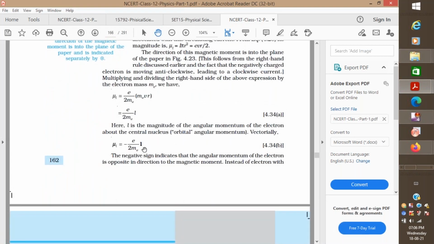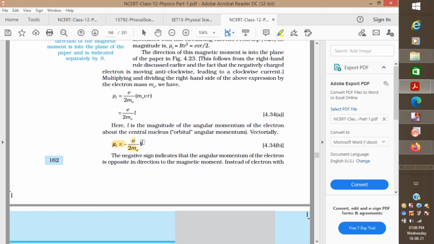Here I have missed the minus sign. This minus sign has a certain significance. It says that the direction of the magnetic dipole moment and the angular momentum are opposite for an electron. If it were a positive charge, this sign would be positive.